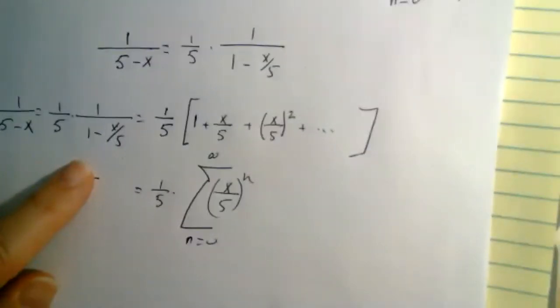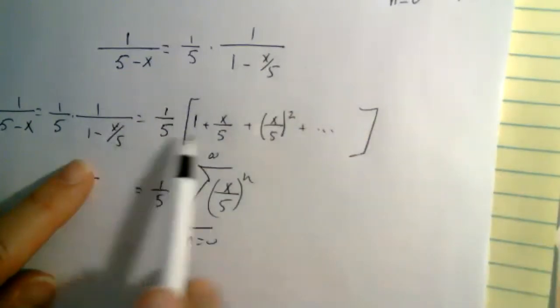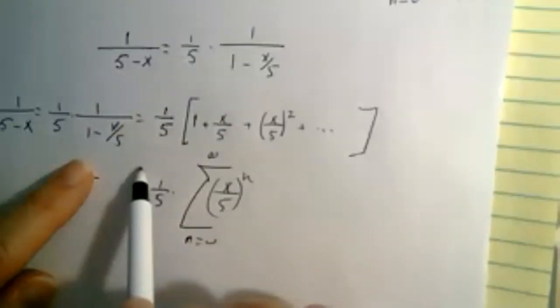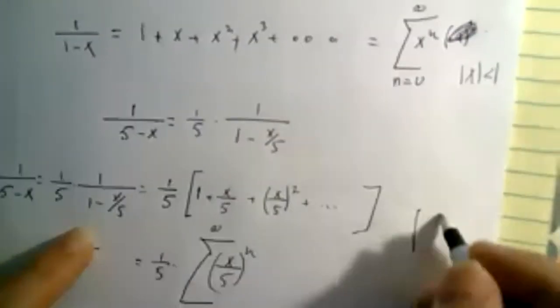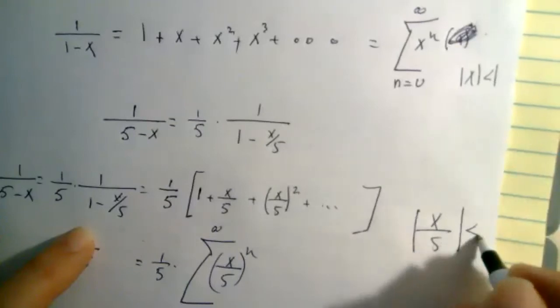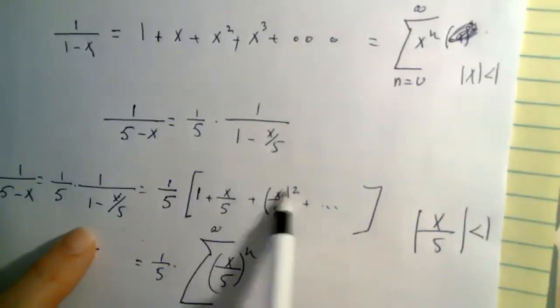But now, for which values of x does this hold? Because I'm substituting x over 5 for x, it means we need x over 5 less than 1. Means this term has to be less than 1.